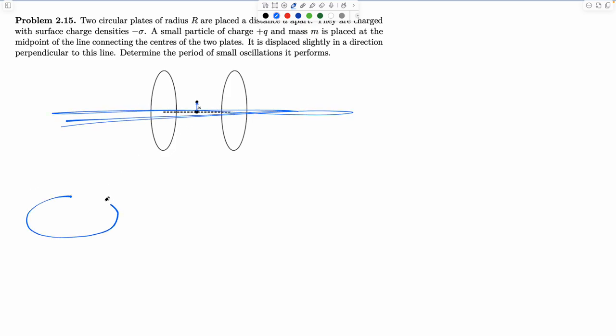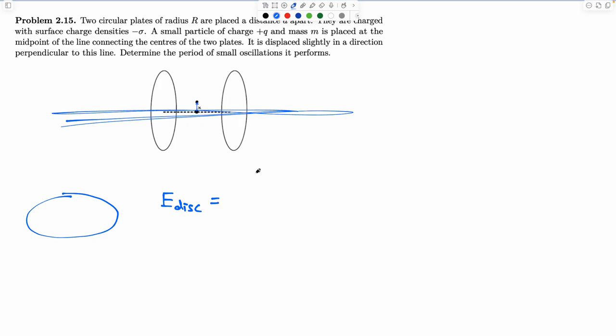If we just consider one disk first, then the field is equal to integrating the ring elements. Do you guys need me to run through that? Okay, I'll just run through it now.